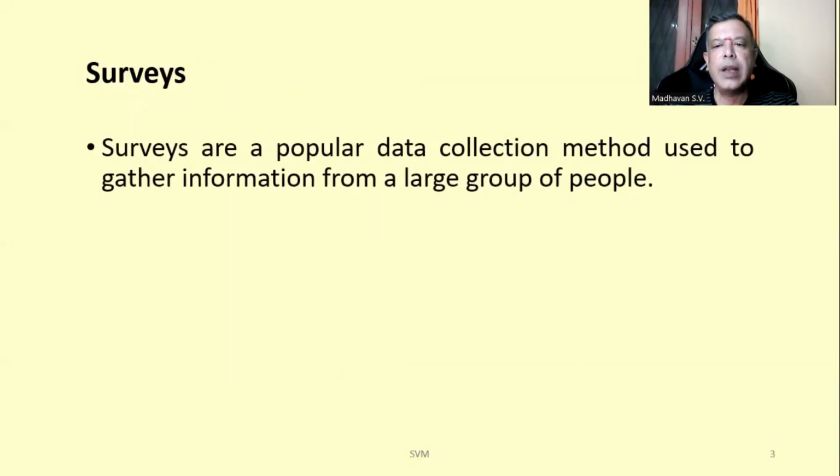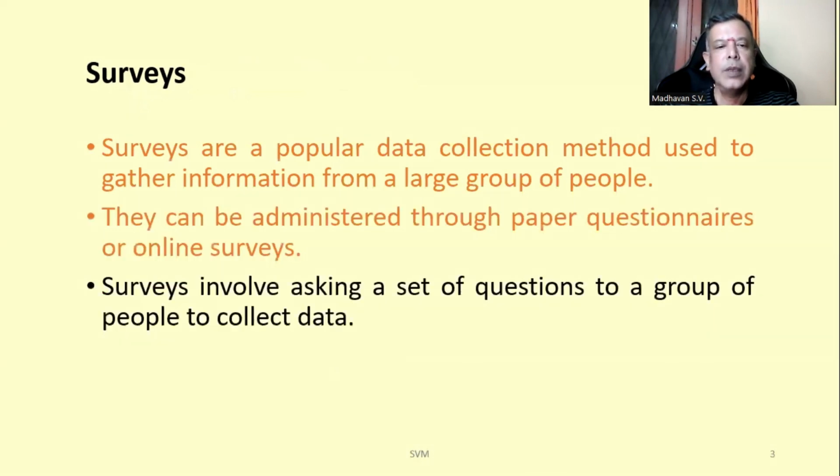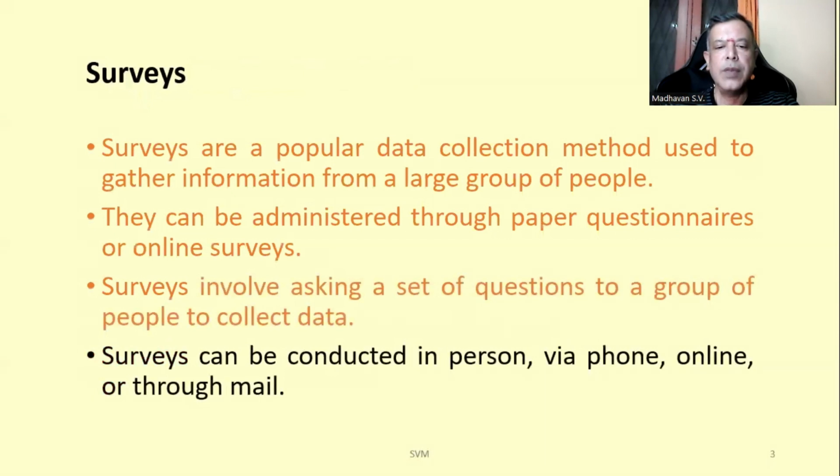Surveys are a popular data collection method used to gather information from a large group of people. They can be administered through paper questionnaires or online surveys. Surveys involve asking a set of questions to a group of people to collect data. Surveys can be conducted in person, via phone, online, or through mail.